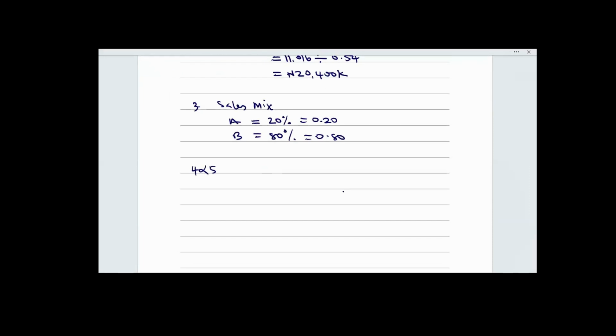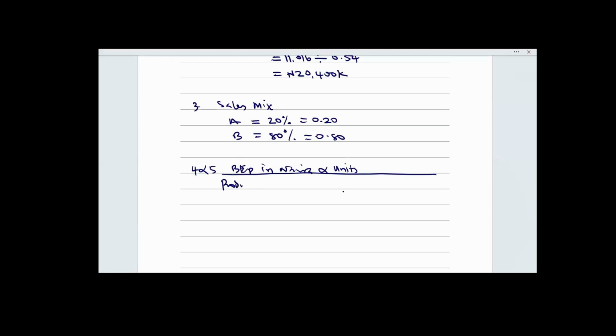Finally, I'll calculate break-even points in Naira and units. If you are following Pathfinder question and answer and you struggle to understand how to get the numbers, here I am simplifying it for you. So take time to review all what we have done.